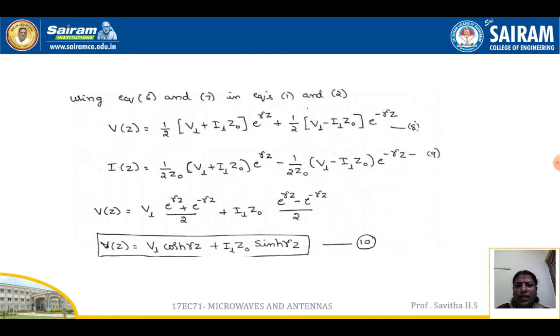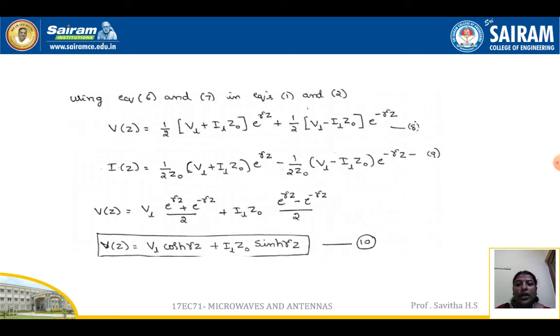In equation 8, if I take VL as common, you can see the first term has VL and the second term also has VL. The remaining terms are (e^(γz) + e^(-γz)) divided by 2. Then I can take IL Z0 as common, and the remaining terms are (e^(γz) - e^(-γz)) divided by 2.